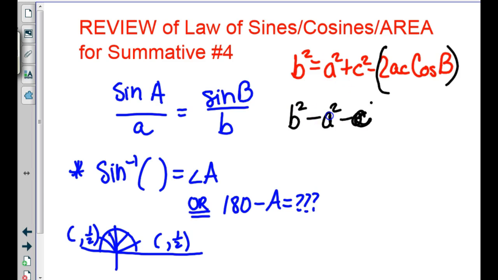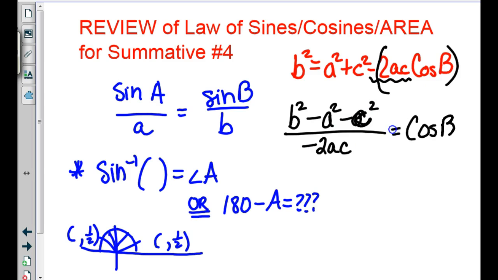Whoops, that's supposed to be a c. And then that would leave you all of this that's still multiplied by cosine. So to get rid of it, you're going to divide. And that would give you the cosine. And then you'd have to carefully put that in and do inverse cosine.